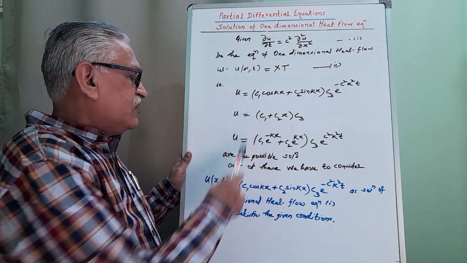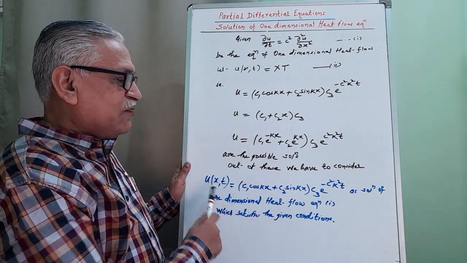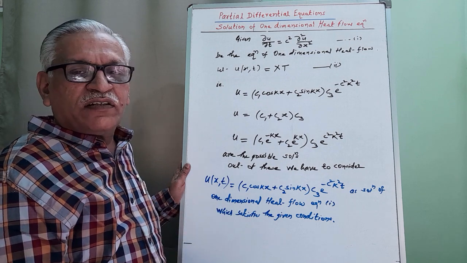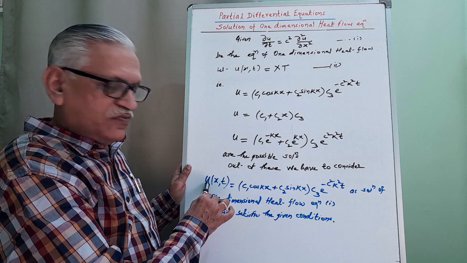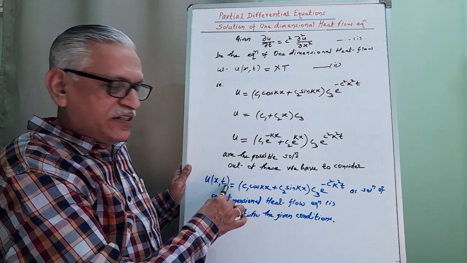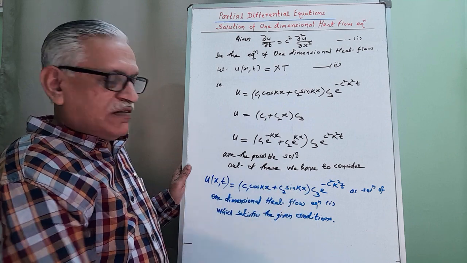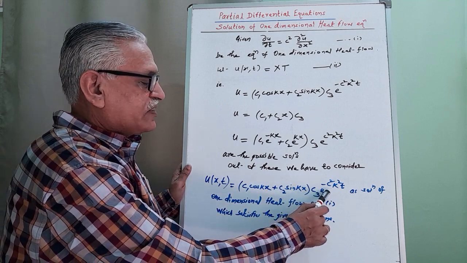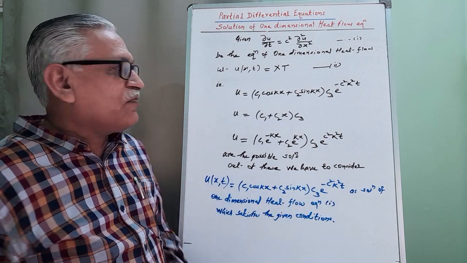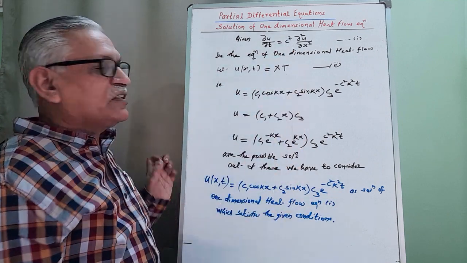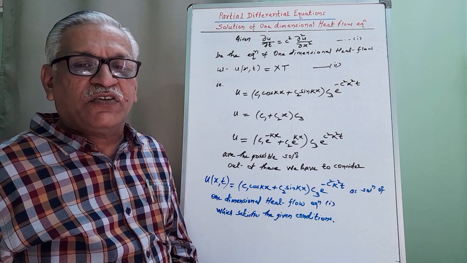Out of these three, we have to consider the first one as the solution of that one-dimensional heat flow equation. Therefore, we get u, which is a function of x and t, as c1 cos of kx plus c2 sin of kx multiplied by c3 e raised to minus c square k square t as the solution of this equation number 1, which represents the one-dimensional heat flow equation, as it satisfies the given condition.